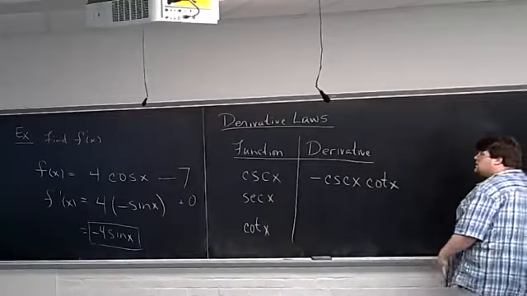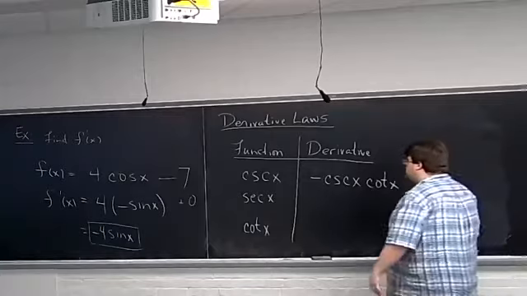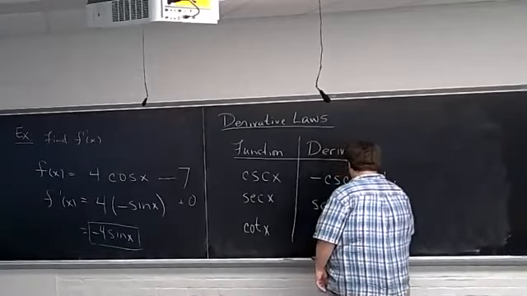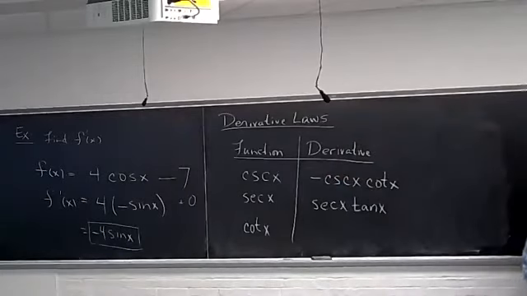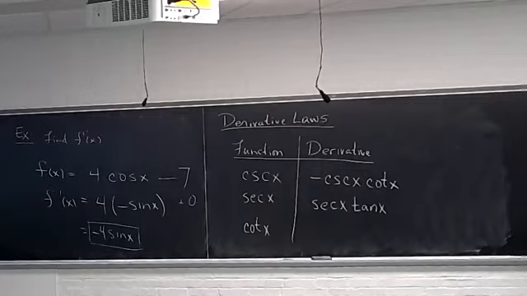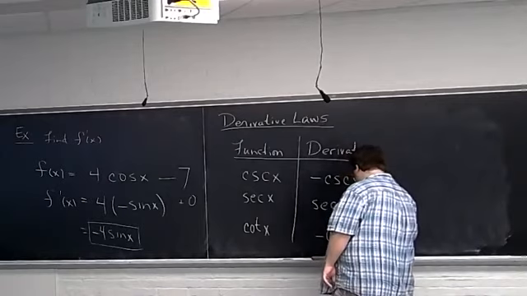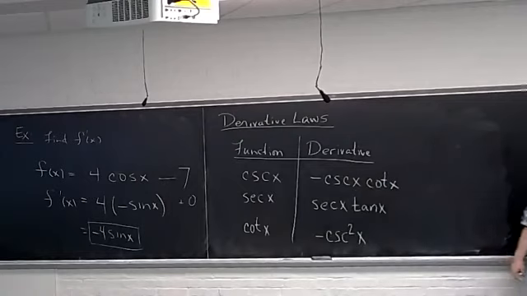The derivative of cosecant x is negative cosecant x cotangent x. The derivative of secant x is positive secant x times tangent x. The derivative of cotangent x is negative cosecant squared of x.